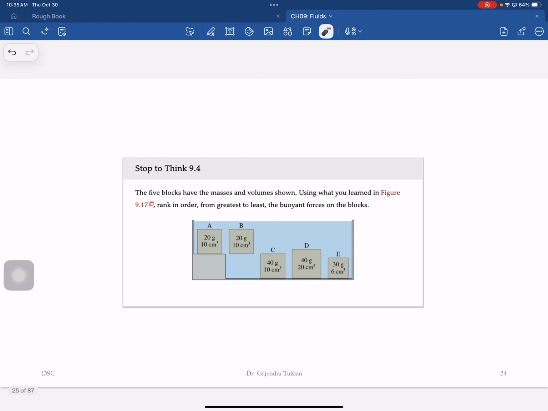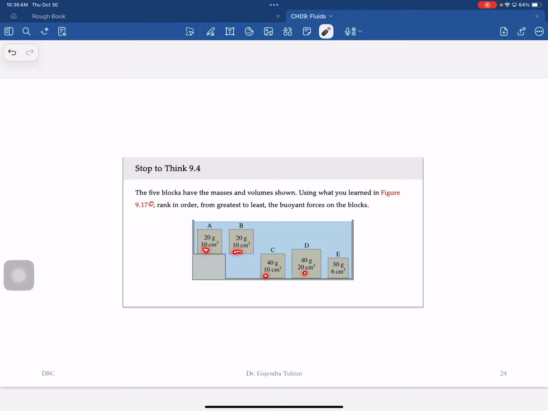All right, so let's figure this out. Which one will feel the greatest buoyant force? So here's this object, this object. Which object will feel the greatest buoyant force? The volume of this is 10 centimeter cube, 10 centimeter cube, 10 centimeter cube, 20 centimeter cube.